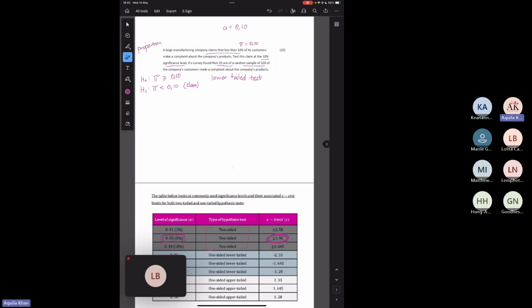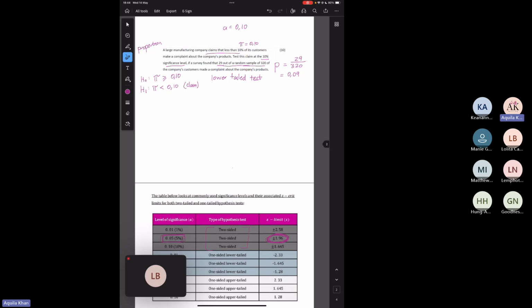Now, this 29 out of the 320. What is it? This is the letter P in the formula, which we need to convert to a decimal because we work with it as decimals in our calculations. So as a decimal to two decimal places, this is 0.09. Now you do need to show the working out of that exactly like I'm doing here on the right hand side because there are marks allocated to it.